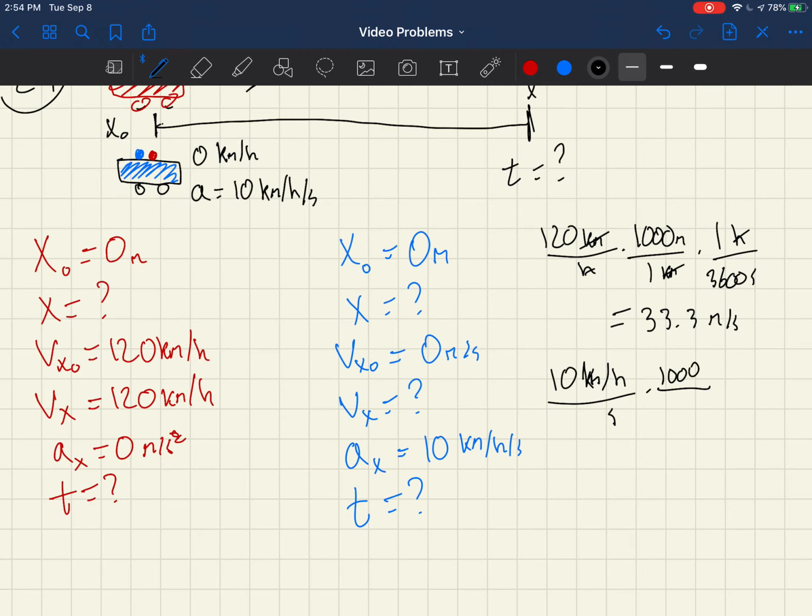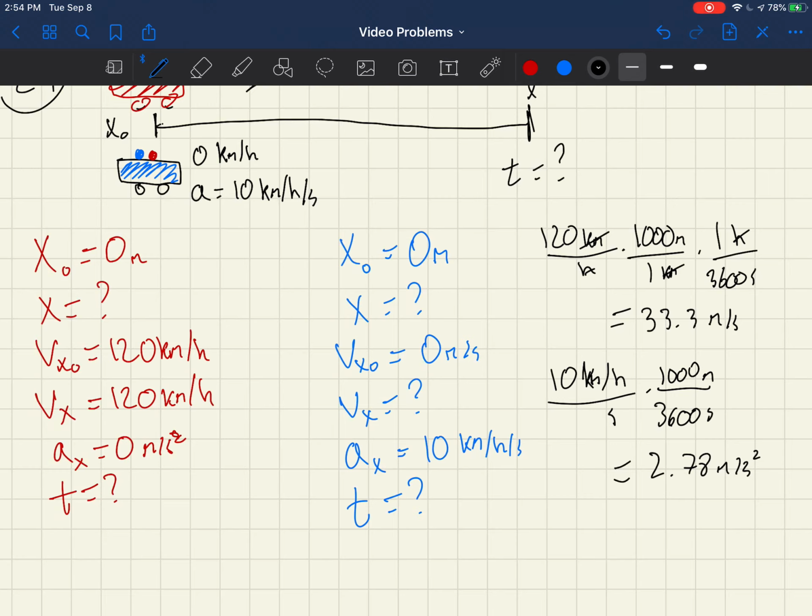So if we multiply by 1,000 and divide by 3,600, we can change this into meters per second, okay? Because we know 1,000 meters and 3,600 seconds, and that will cancel out with the hours and kilometers, and so we'll get 10 times 1,000 divided by 3,600, and we get 2.78 meters per second squared. Okay, all right, so that will help us a little bit here.